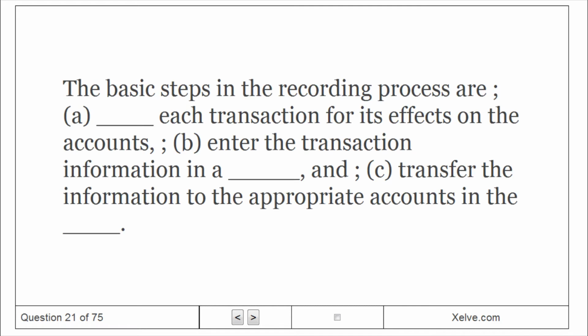The basic steps in the recording process are blank each transaction for its effects on the accounts, enter the transaction information in a blank, and transfer the information to the appropriate accounts in the blank.